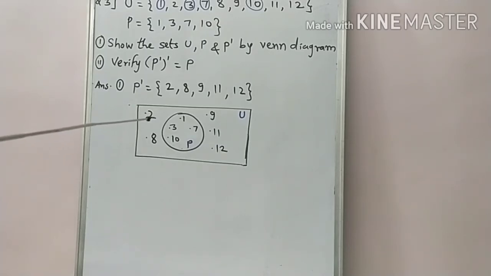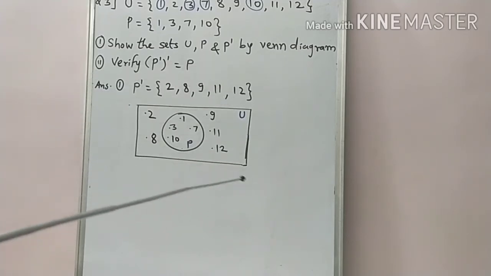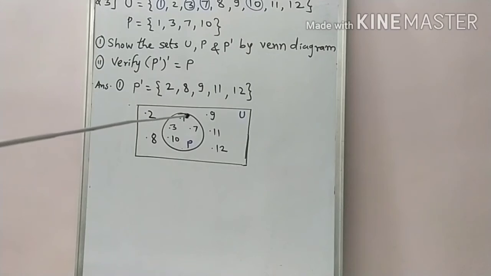So here we write those numbers which are not in P but in U, that is 2, 8, 9, 11 and 12. So here we complete the Venn diagram: U having all elements 1, 2, 3, 7, 8, 9, 10, 11, 12. And where is P dash?